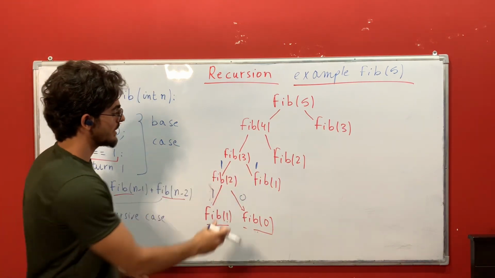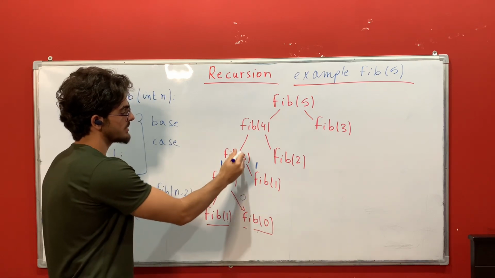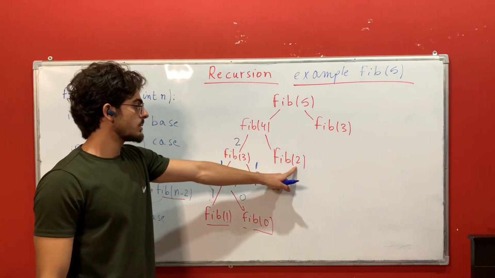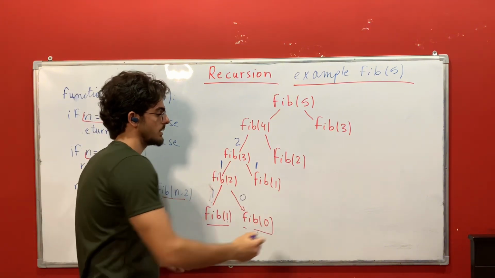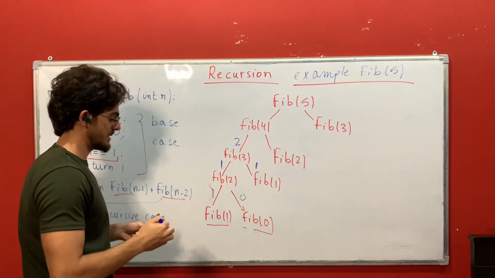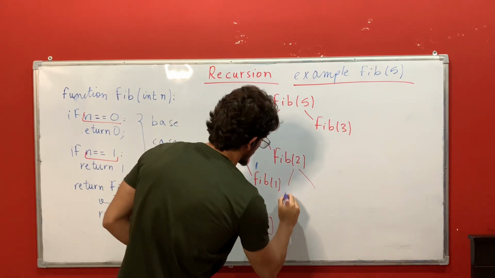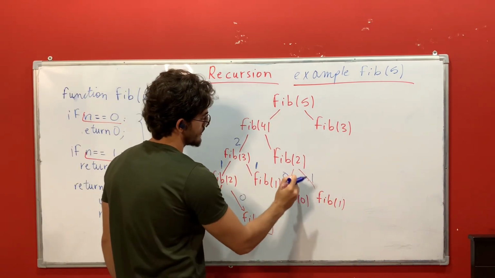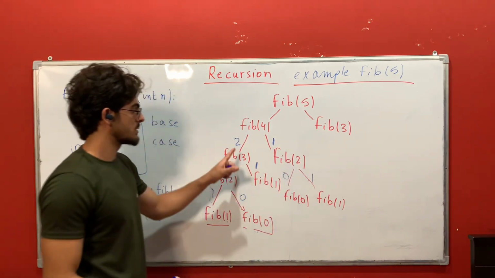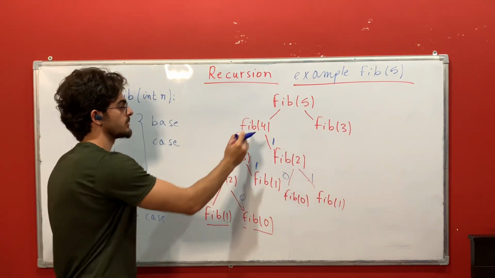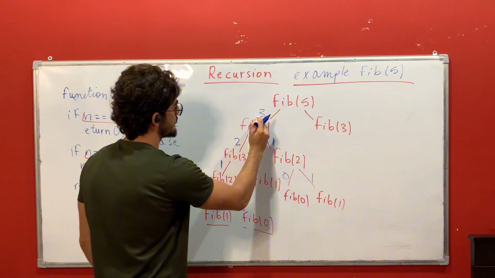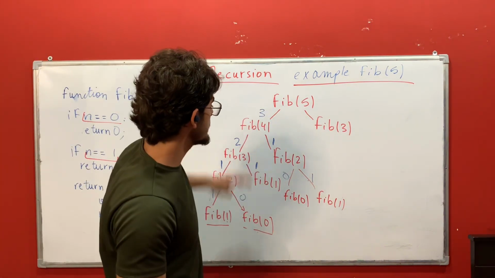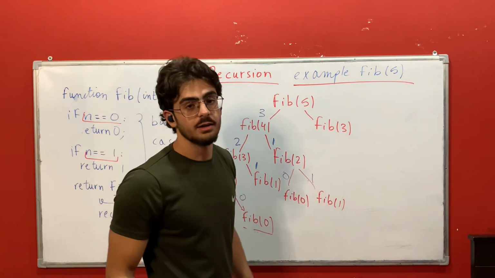Fib of 3 relies on the summation of these two, so this would be 2. Fib of 2 would also be recursive and not a base case. So now I have 2 and 1, so fib of 4 is 3. The same process that happened here will happen on the right side of the tree.